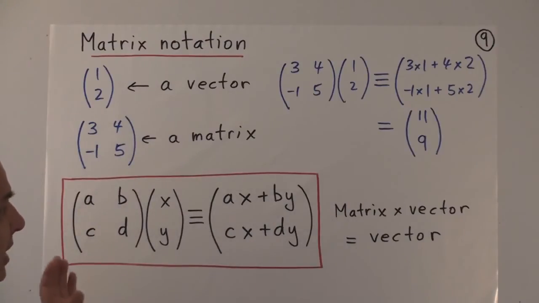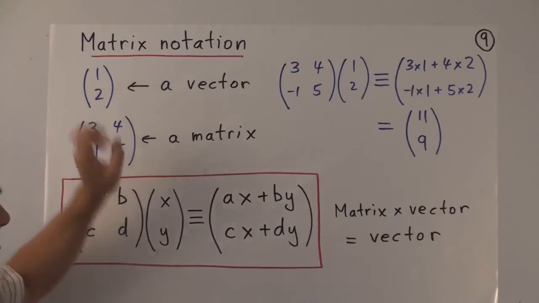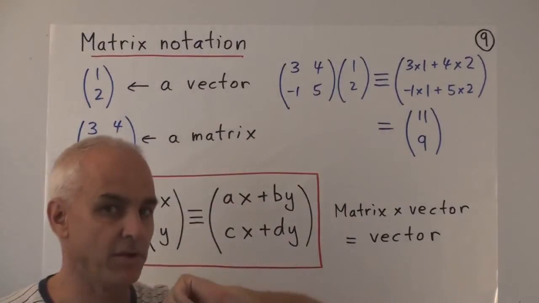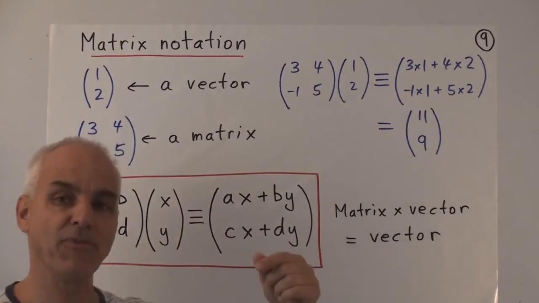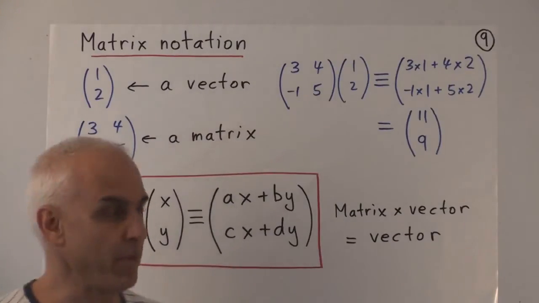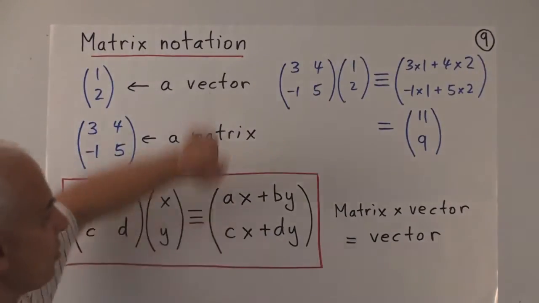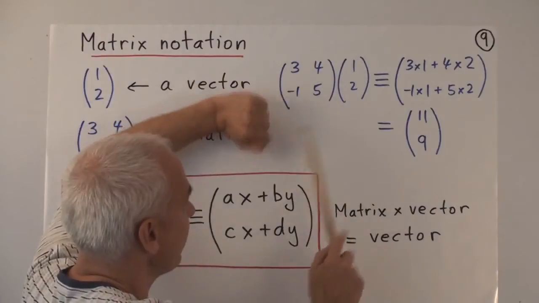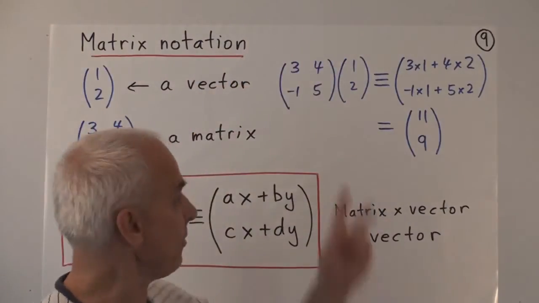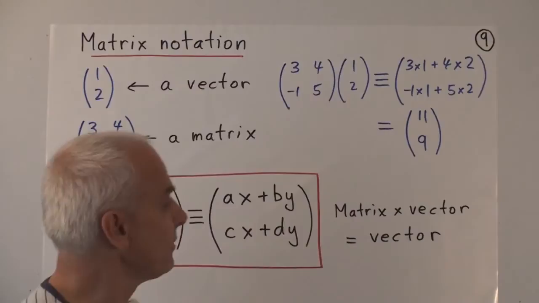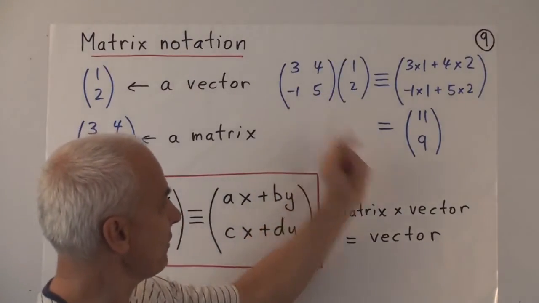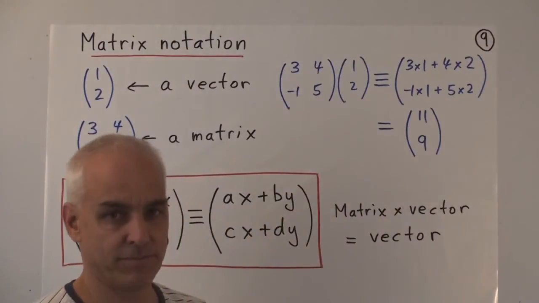And we're going to agree on how to multiply a matrix by a vector. This is the rule that we're going to use, and it's exactly the rule that comes to us from that change of coordinates formula. So the rule is that if we have a matrix like this, and a vector like this, with the matrix on the left and the vector on the right, then the product of these two things is going to be another vector.